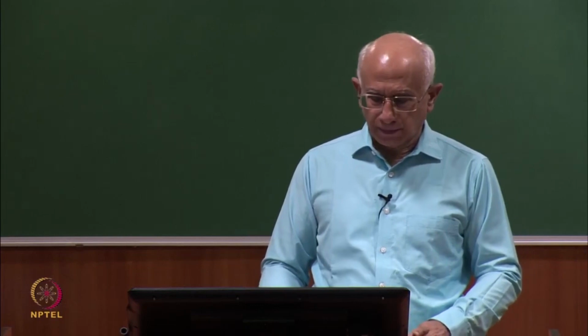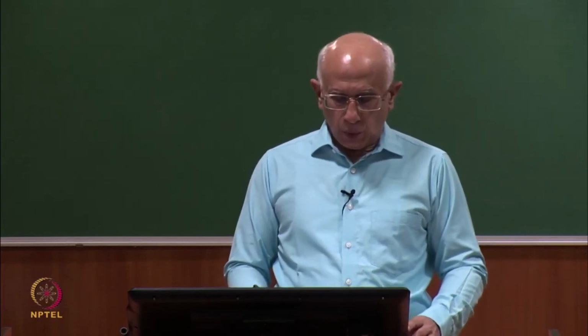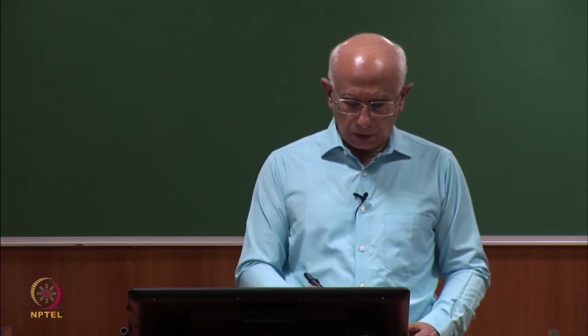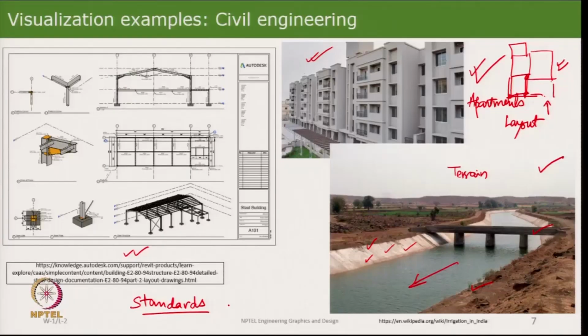That is not done. So, what is the size of the steel sections to be used, or the aluminum section if that is the case? How are they to be fitted? Where is the welding to be done? Where is the bolting to be done? How are the foundations going to be designed?